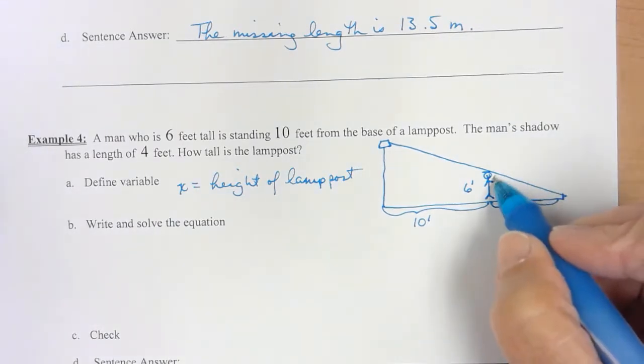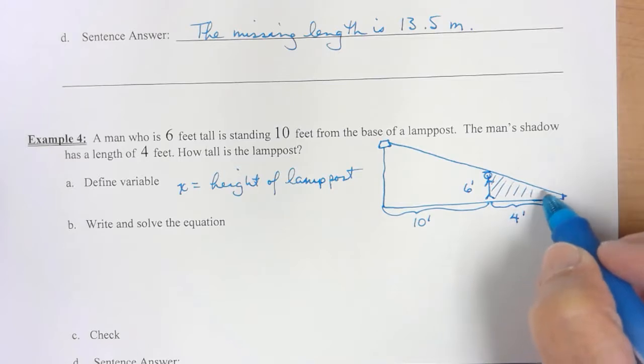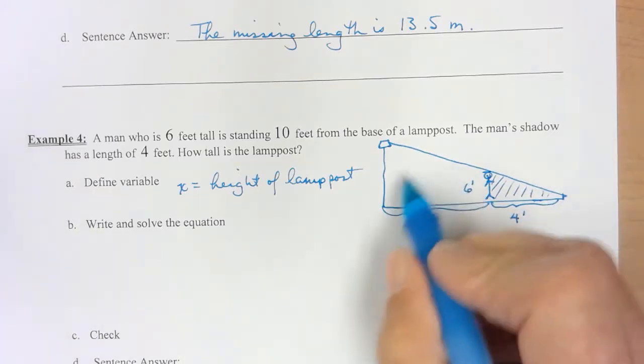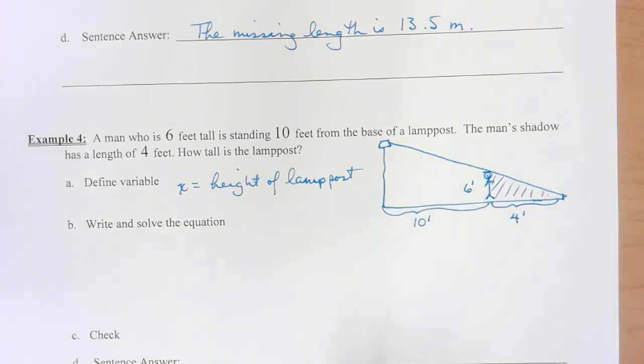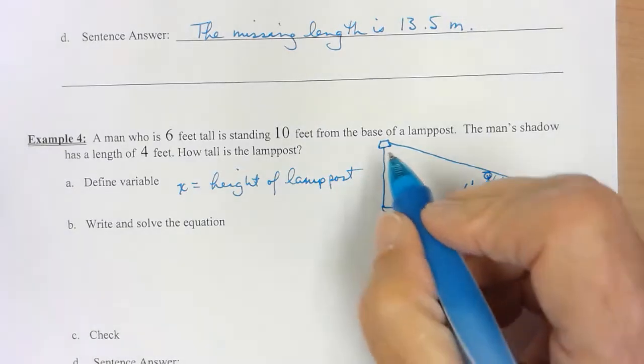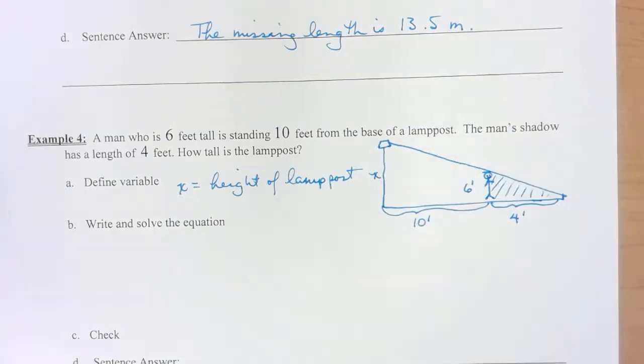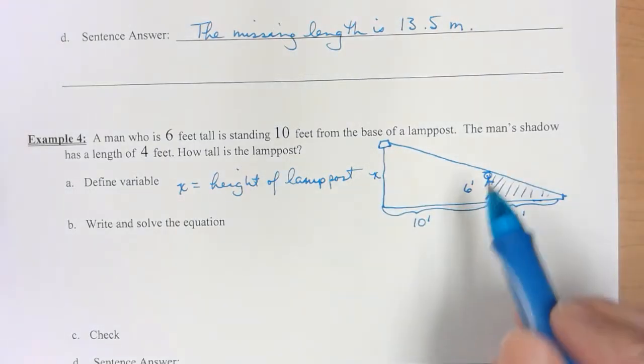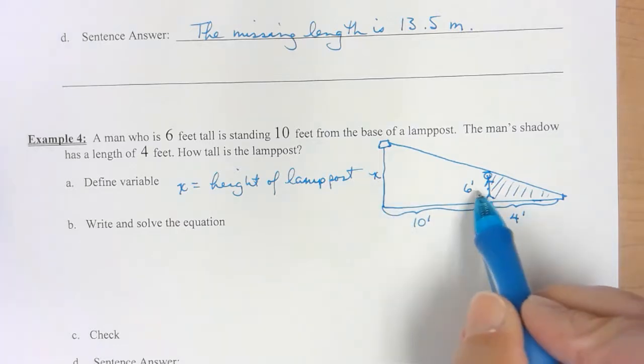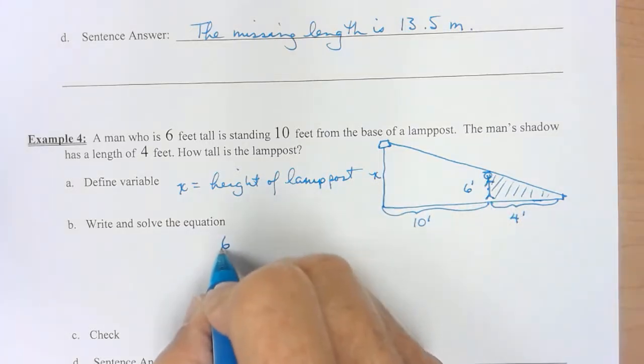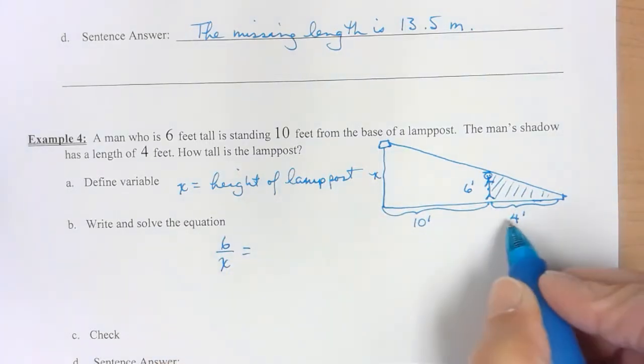Now I've got a smaller triangle inside a bigger one, so these are similar. So this one triangle is inside the other one, unlike that other problem. So this is my x. So I'm going to go little to big. I'm going to go 6 is to x as 4.